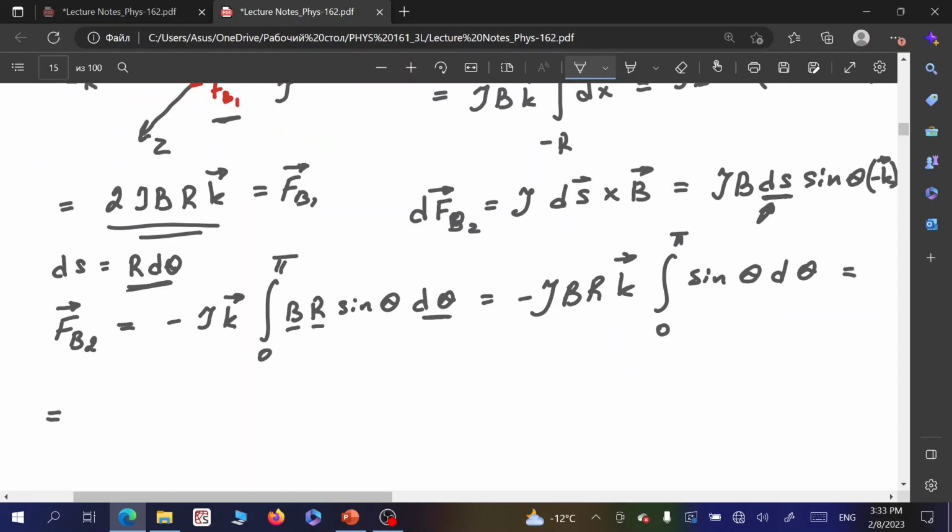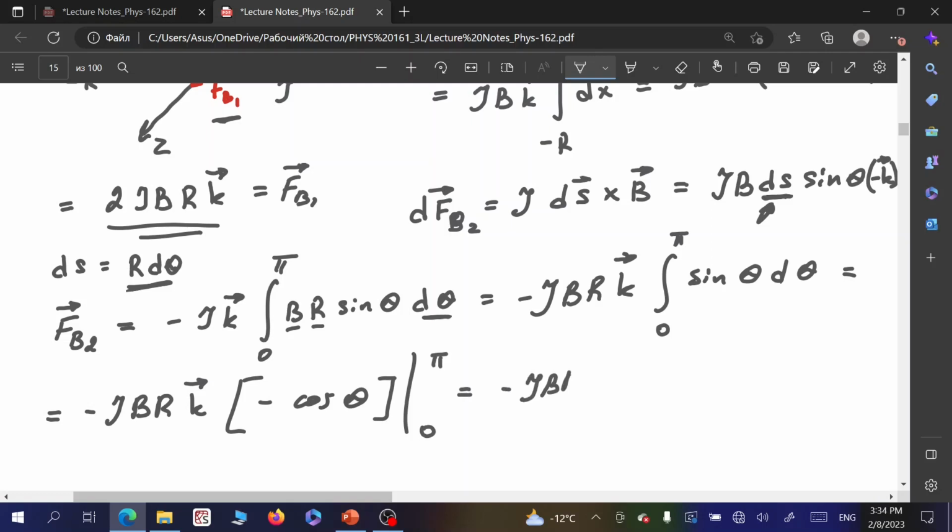This will give us the following. So it will be minus I times B times R K unit vector times minus cosine theta from 0 to pi.